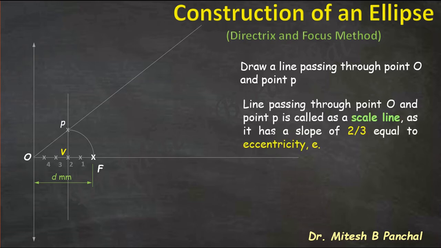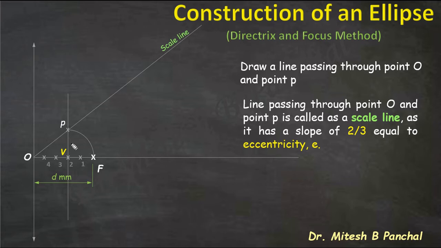This line, which is passing through the point O and point P, is called a scale line, as it has a slope of 2 by 3, that is equal to eccentricity. So this line is nothing but a scale line. Here you can see that we have considered V, that is the point 2, as a center and 2f as a radius. We have drawn the arc.